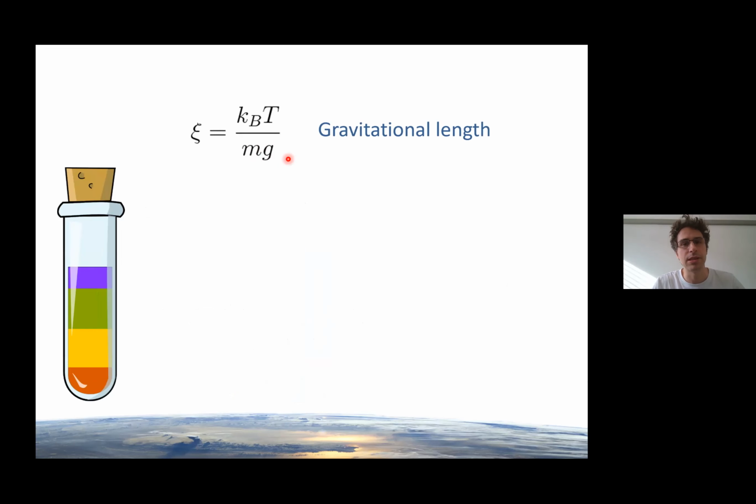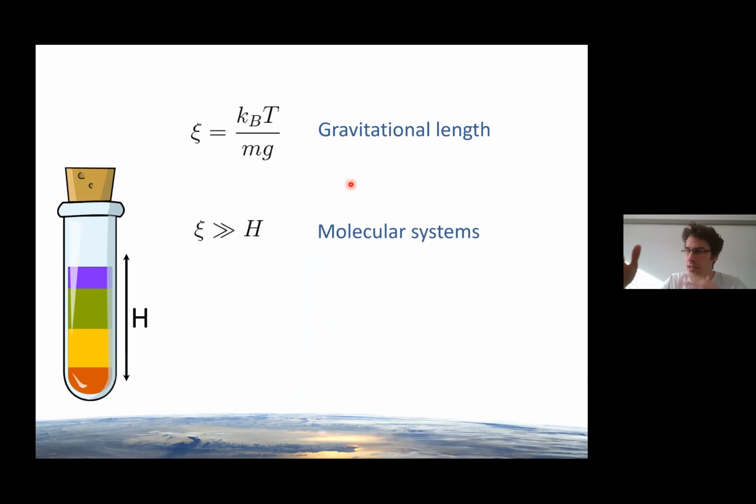This is a length that tells you at which length scale gravity is important. Yeah? And if you do this in a molecular system, you calculate this gravitational length for water or whatever, and then you will see that this gravitational length is of the order of hundreds of meters or even kilometers. So this means that gravity has zero effect in a test tube.